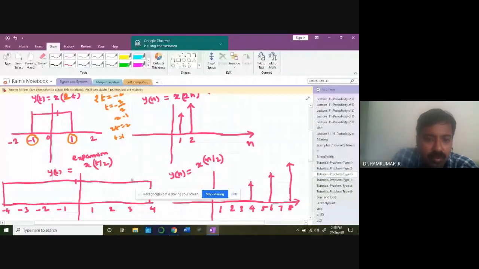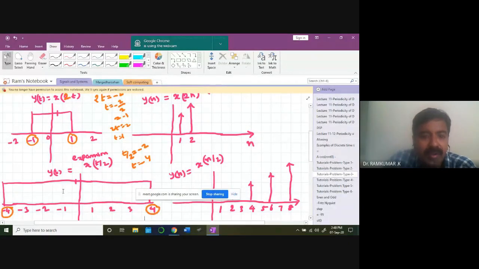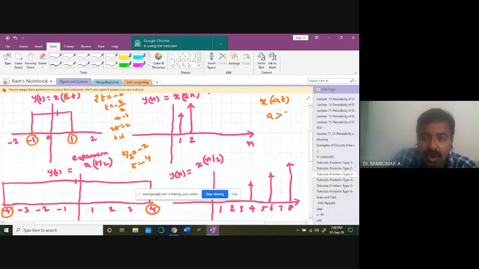Okay, t by 2 equal to -2 gives t equal to -4. That's why it's getting expanded like this. So for the original signal, the scaling factor, we always remember x of at. When a is greater than 1, you get what? Compression.